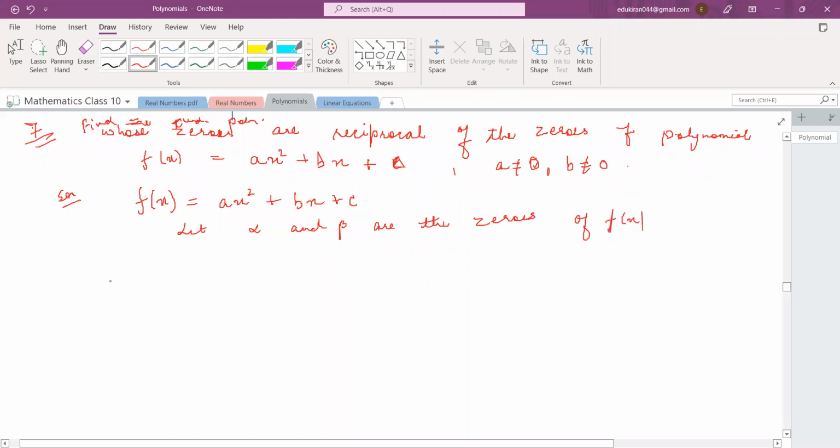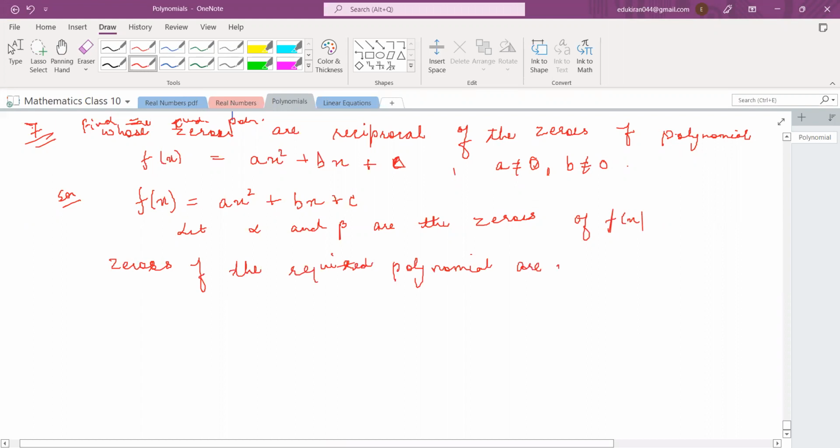Right? Yes. So the zeros of the required polynomial will be 1 by alpha and 1 by beta.